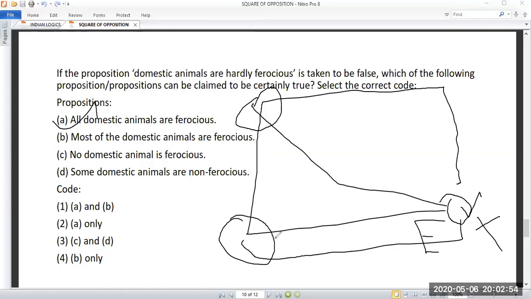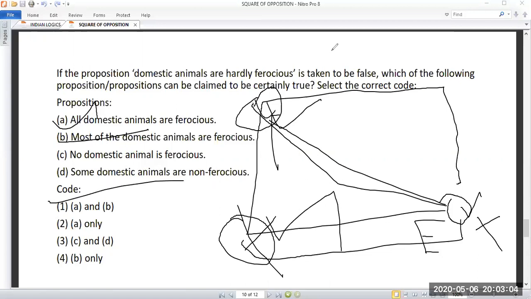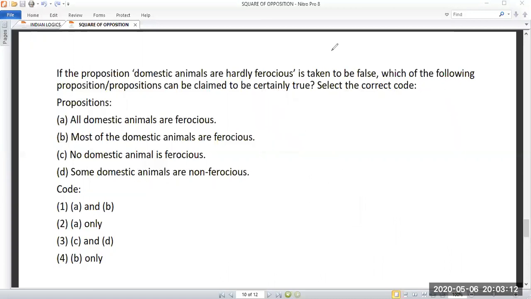If this is false, then this cannot be false, so definitely this is true. This is contradictory, so this is also true. So the answer is both A and B. Are you getting it? Fine. Are you getting the answer for this question? Please reply.